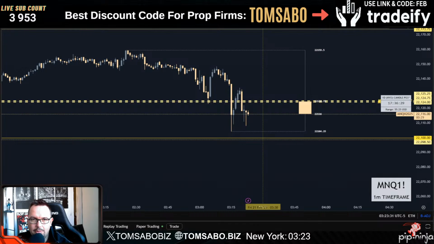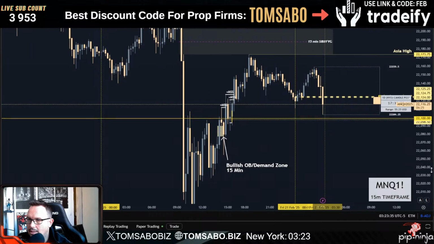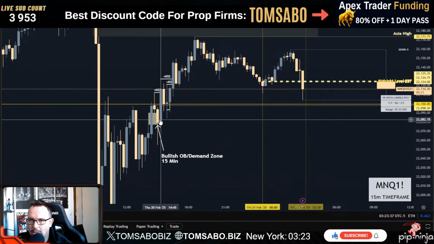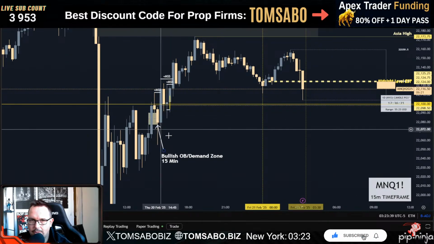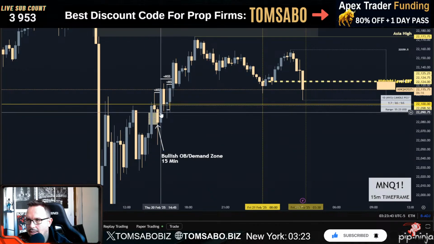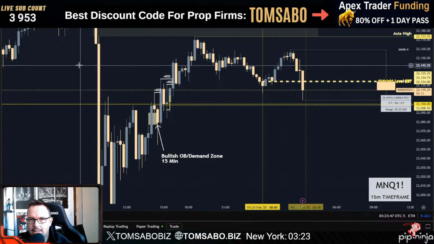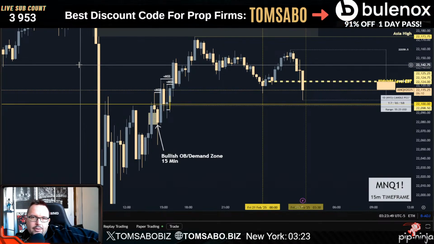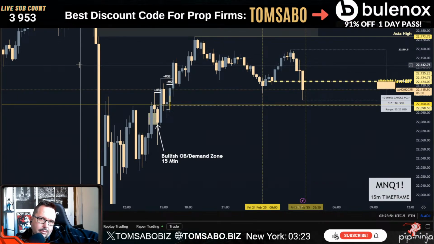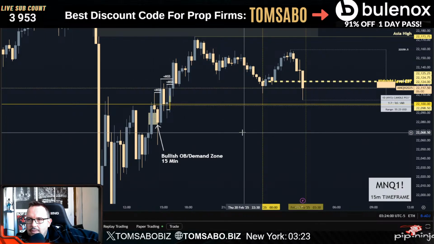Yeah, Asia High could be next. Again, the only thing I have here is this bullish order block or demand zone. If we go by supply and demand, then this here is definitely an interesting area. It's 98 down there. So we'll see.